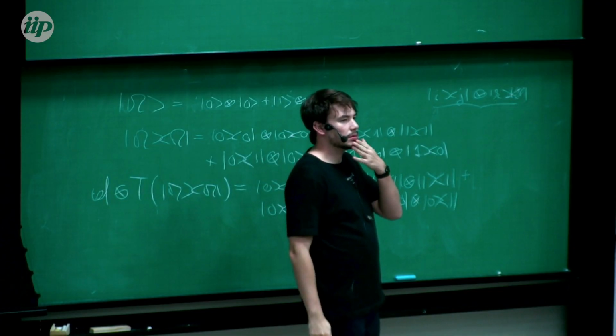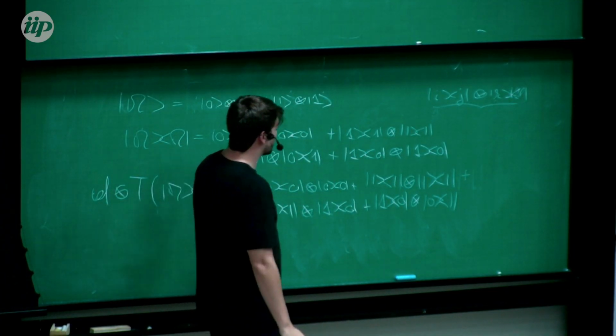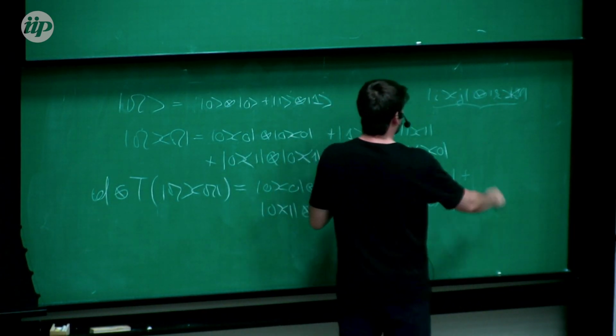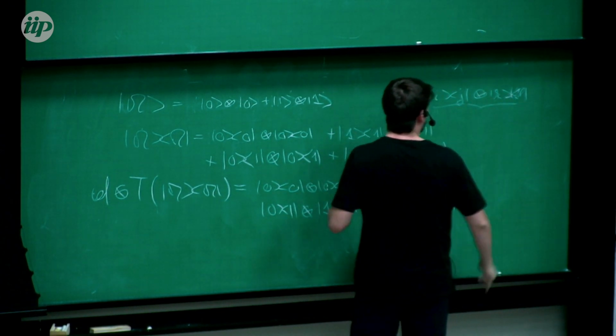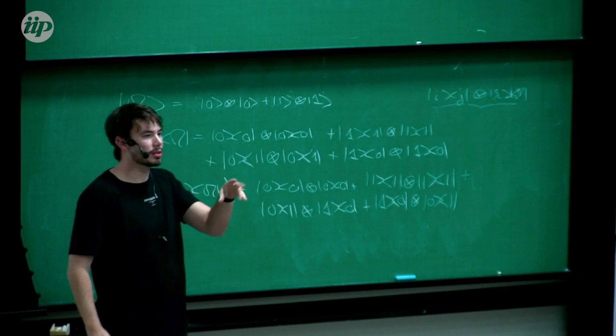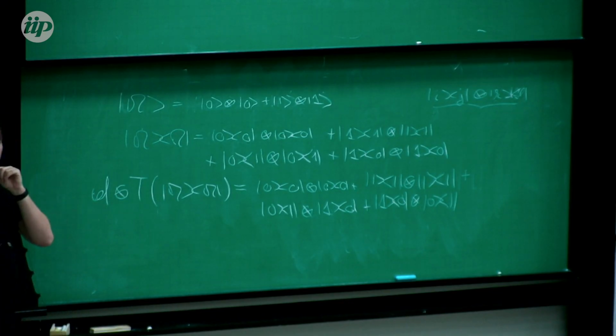Does that make sense? Okay. And all I'm doing is a fancy way of saying these are row and column addresses, right? And also the tensor product. So essentially, I'm just specifying the entries of the matrix and writing it in terms of that.